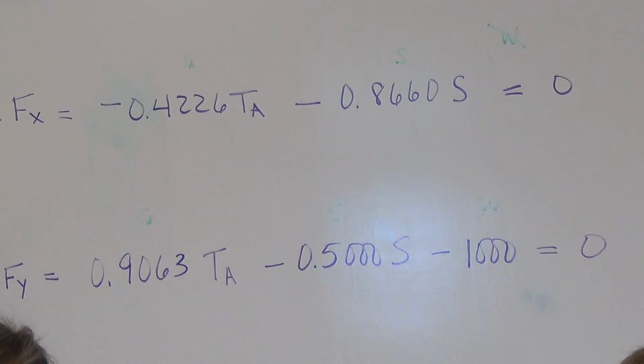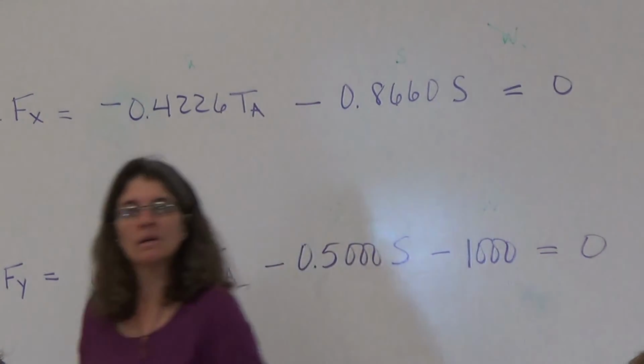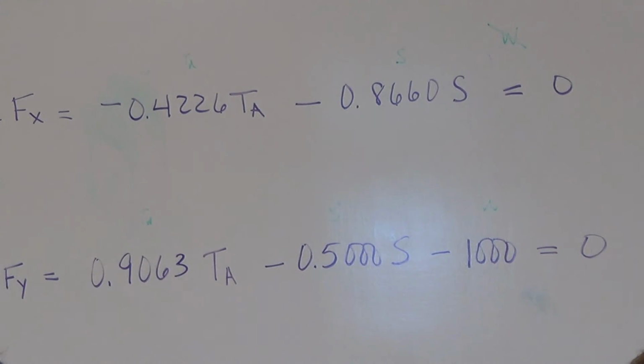What if I said sum of the forces in the Y equals 0.9063 TA minus 0.5 S equals 1,000? So mathematically, is this correct? Mathematically, it's correct, because all I did is take the 1,000 and put it on the other side. But statics-wise, is it okay? No. Why not?